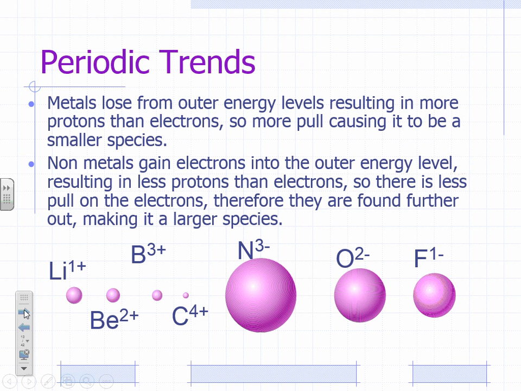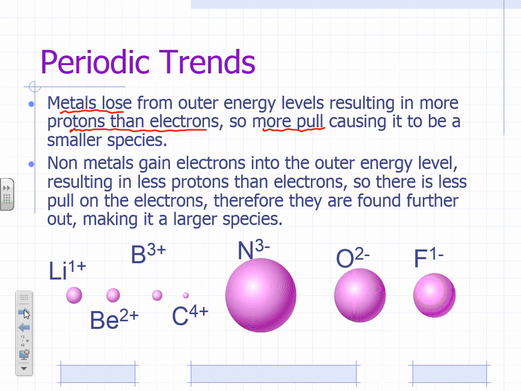In a little bit more detail, let's look at some of the trends. So as we said, metals lose their electrons, and in losing their electrons there are now more protons, and those protons have now a greater proportional pull on the electrons, and that draws the electrons in closer to the nucleus. So the cations get smaller.